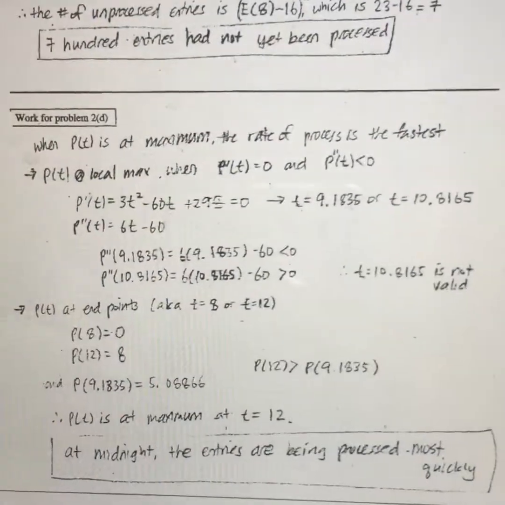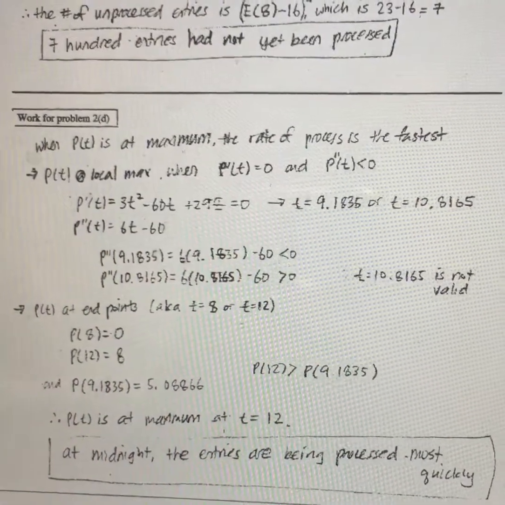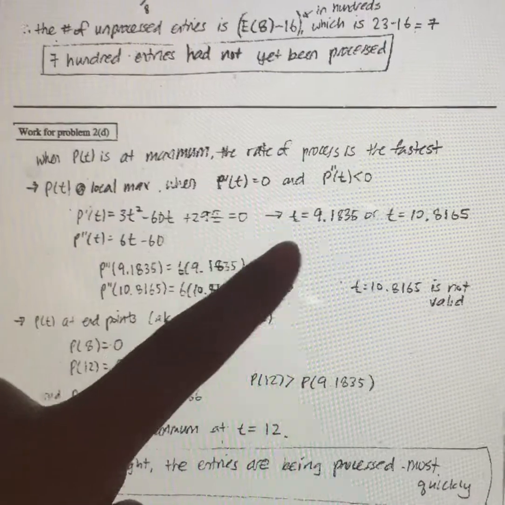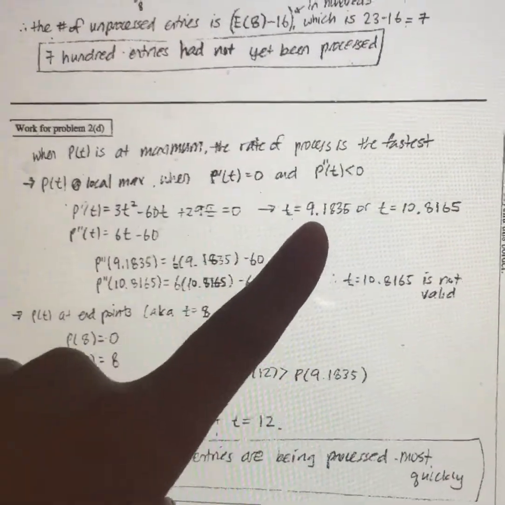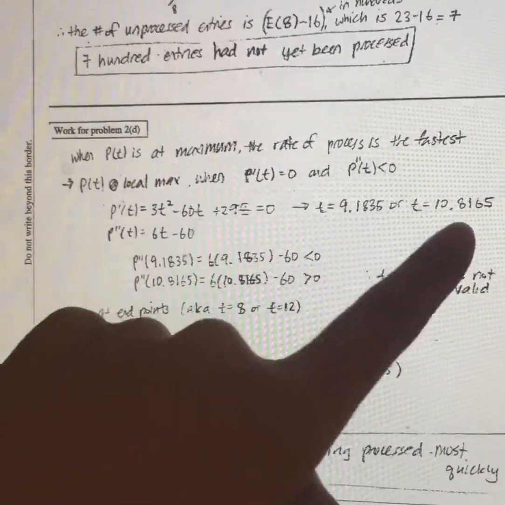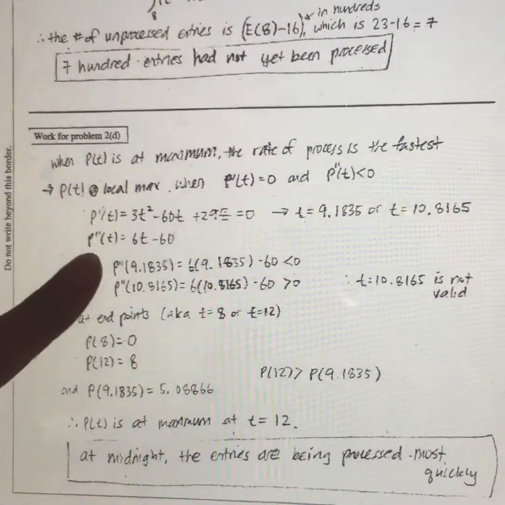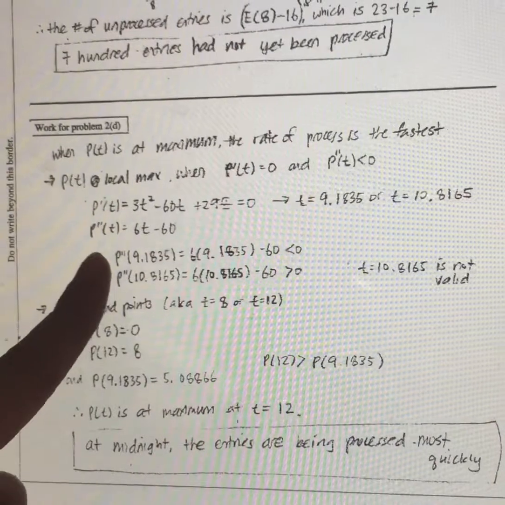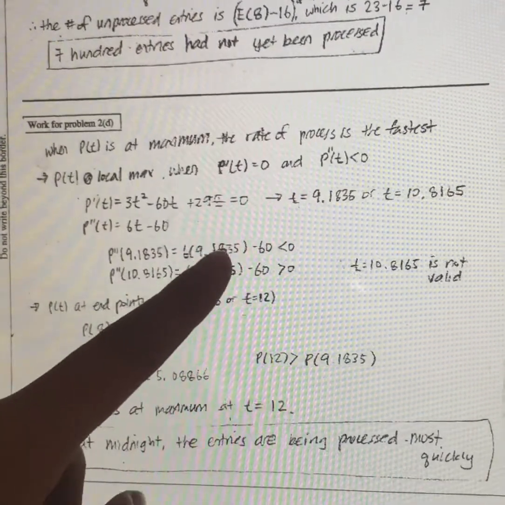Part D, the sample student responses. So this student, they did everything we did. They found p prime of t and set it to 0, and they got the zeros, which are the critical numbers. And then they did the second derivative test by finding the p double prime of t, and then they used it to find which was the min and which was the max.